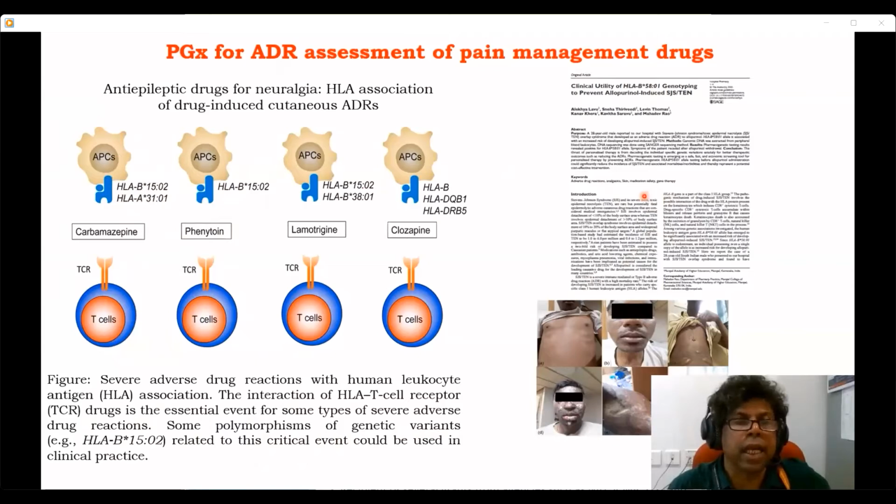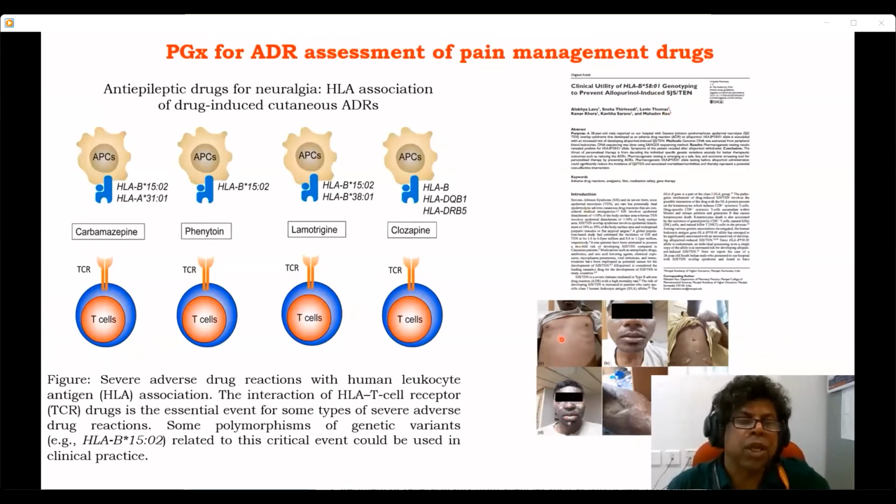This is an anti-gout drug, allopurinol, which was given to a patient, and he ended up having, as you can see here in the picture, hyperimmune reactions. We published this particular paper in Hospital Pharmacy. This patient was lucky to come to our hospital, and we realized that what we saw was a hyperimmune reaction, Stevens-Johnson syndrome or TEN syndrome.